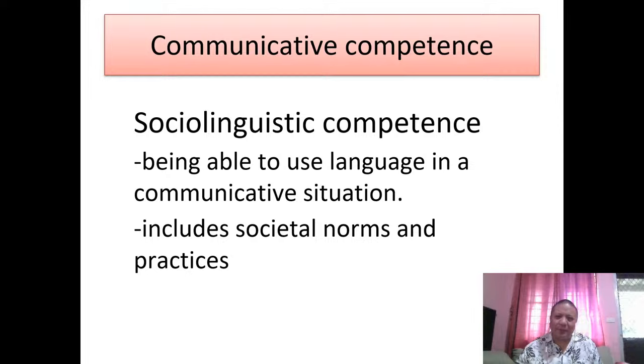So for example, in Tagalog, you know when to use po and opo. You know when to use the right words for talking with older people. You don't say to older people, "sino ka?" You say, "sino po sila?" So you put po and you use the third person instead of saying "sino ka."